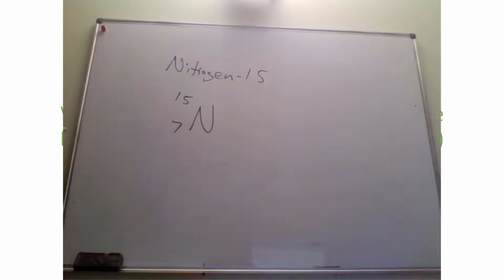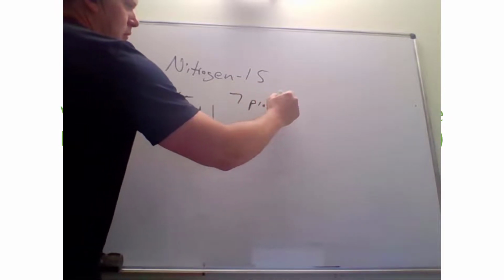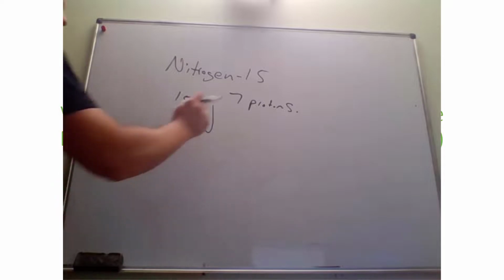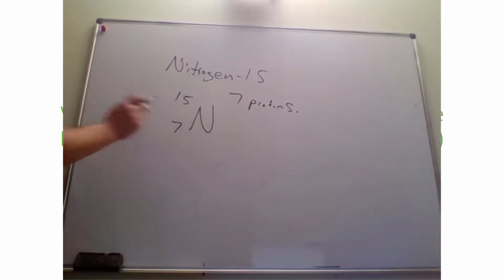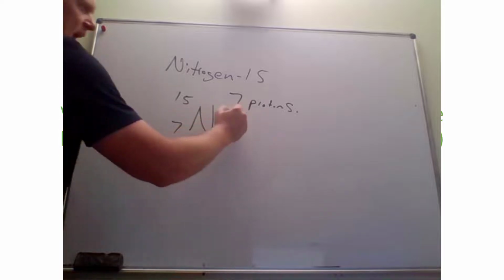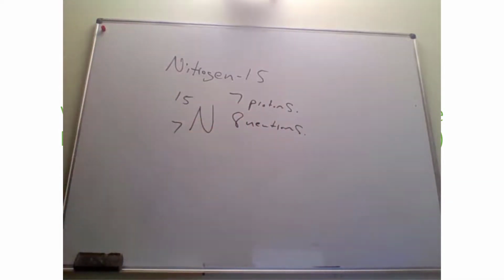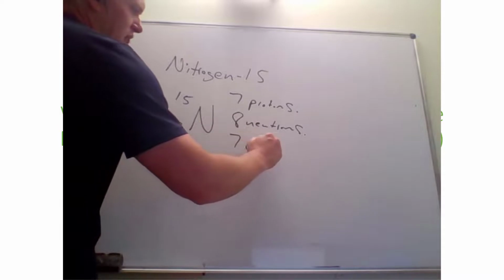If we state the number of protons, neutrons, and electrons, there's 7 protons given to us by our atomic number. Our number of neutrons is our mass number minus our number of protons, so that's going to be 8 neutrons. And again, since this is electrically neutral, the number of protons equals the number of electrons, so 7 electrons.